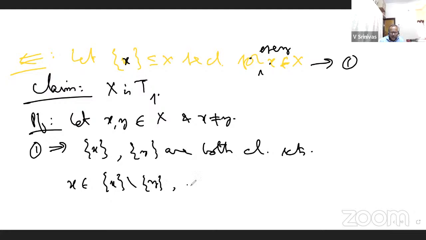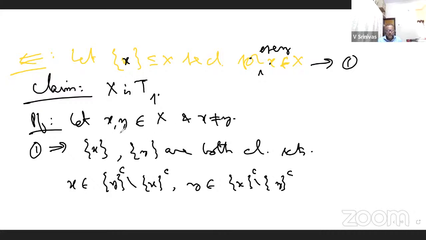Can I write this? And y belongs to singleton y minus singleton x. Can I write this? No, I can't write it. I'm sorry, I can write the other way around. I can write here y complement and x complement. And here, what can I write? x complement, y complement. Agree?